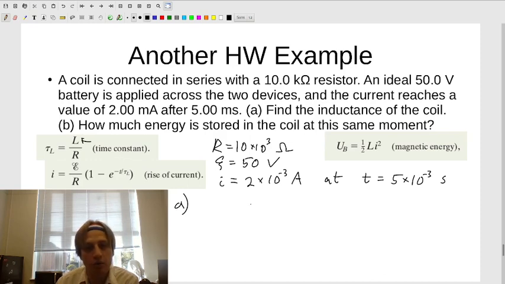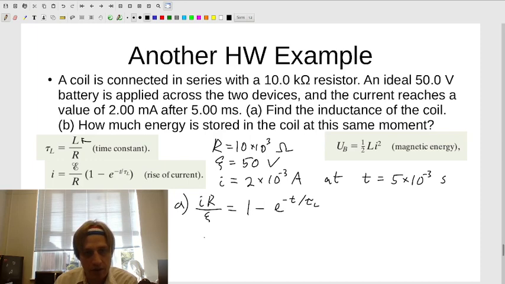To make that a little more concrete, I'm just going to rearrange this a little bit by multiplying each side by R over epsilon. So it would be IR over epsilon equals 1 minus e to the minus t over tau. I'm just multiplying out some stuff. This is going to let me rearrange my sides a little bit.